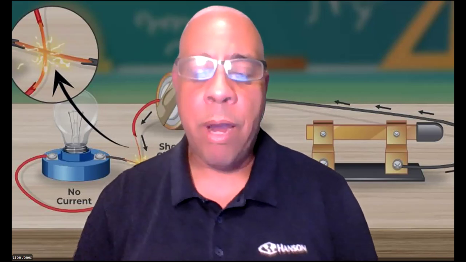Then you have your resistors with the colors on them. And those resistors could be placed in series or they could be parallel. So when I talk about basic circuits, these are very basic.